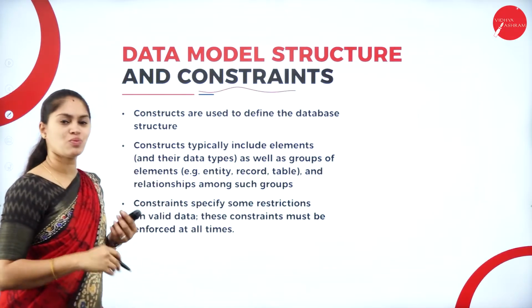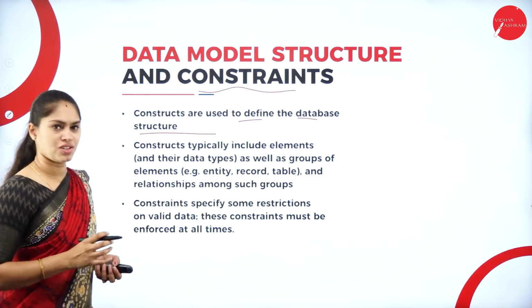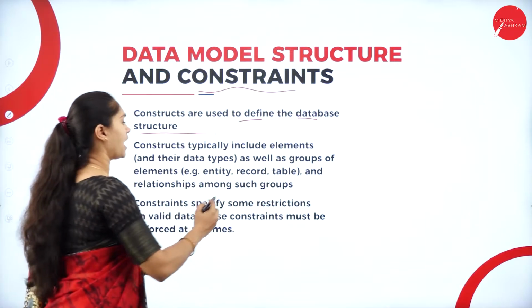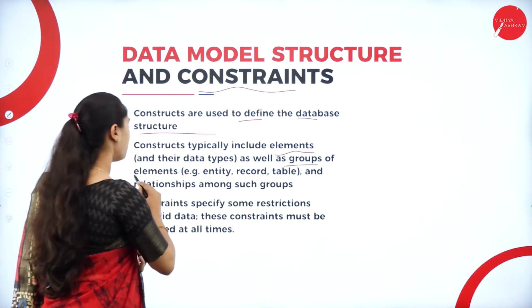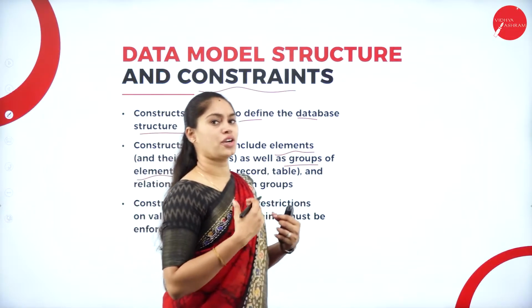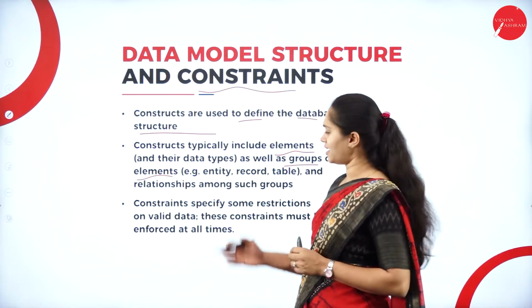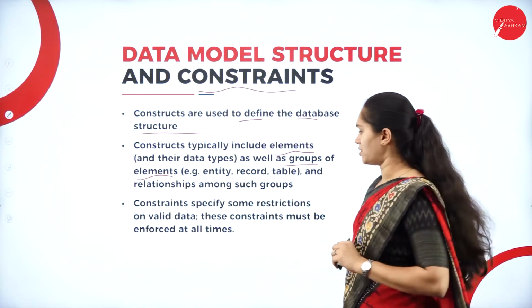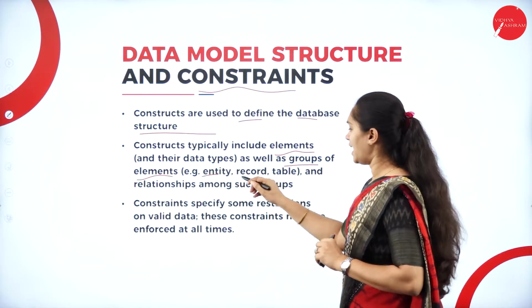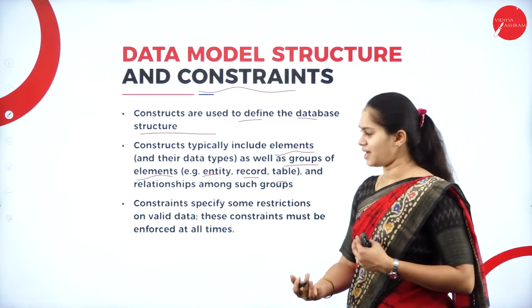So we got to know the things regarding structure, and we also have constraints here. Why are we going to use constraints? To define the database structures. This includes an element or a group of elements that helps us specify the rules and regulations that need to be followed by the database structure. It also specifies entity, record, table, and the relationship between one data and another.